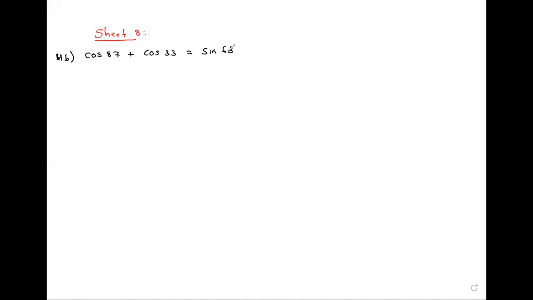Now we understand that if you are doing the expansion of cos(A plus B), we get cos A cos B minus sine A sine B. And if you are doing the expansion of cos(A minus B), you get cos A cos B plus sine A sine B.